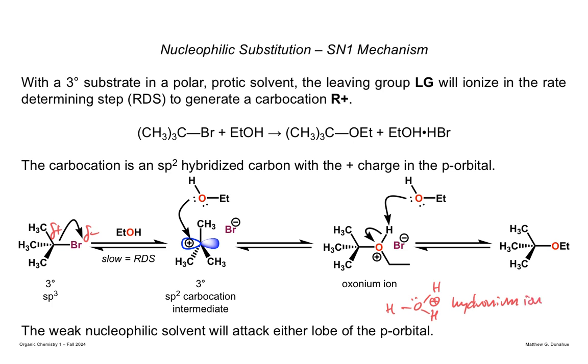So that's where the nomenclature comes from. And then a proton transfer to get you your neutral ether. So because we're showing multiple structures between the starting material and the product, that means the reaction coordinate is going to be a lot more complex than what we've seen for SN2.